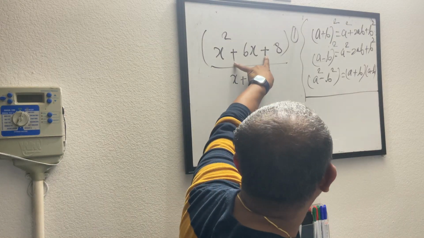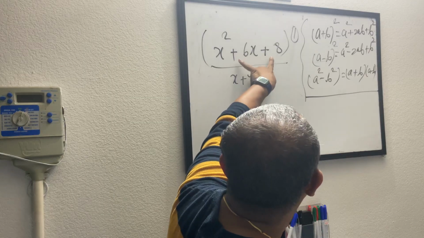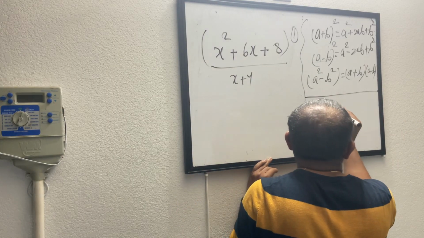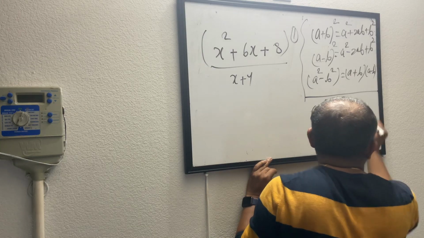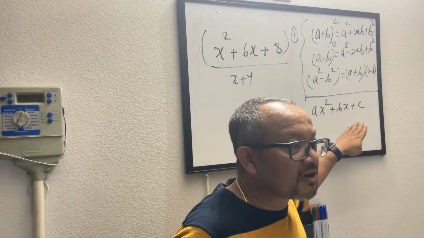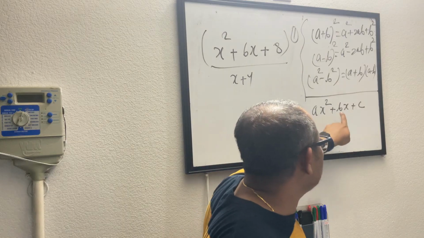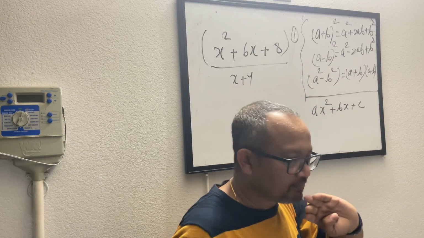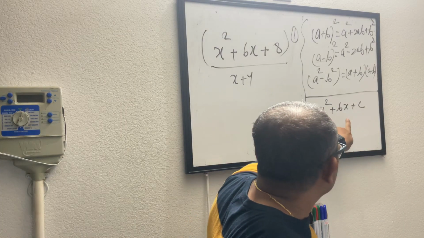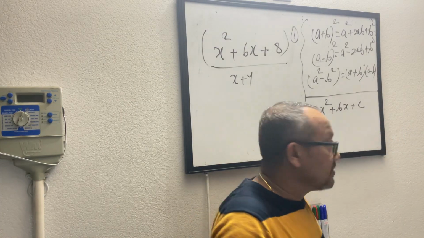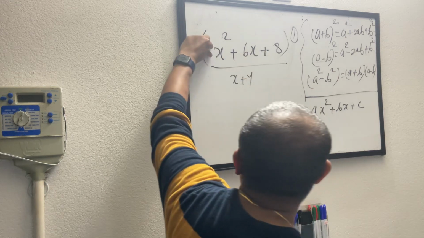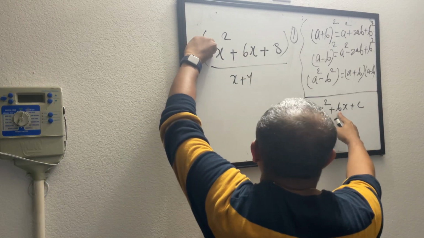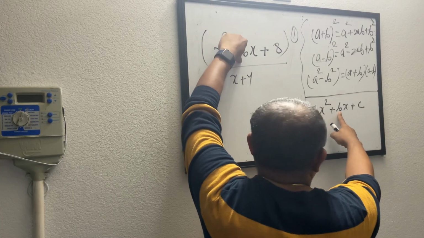Now what Shiv and Sangeeta were trying to do was map this to the standard form of a quadratic expression. This is the standard form: ax squared plus bx plus c. If you compare this with that one, in place of a you have 1. b is the coefficient of x, so your b is nothing but 6.